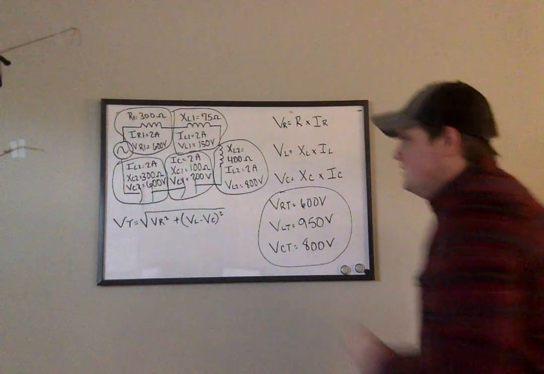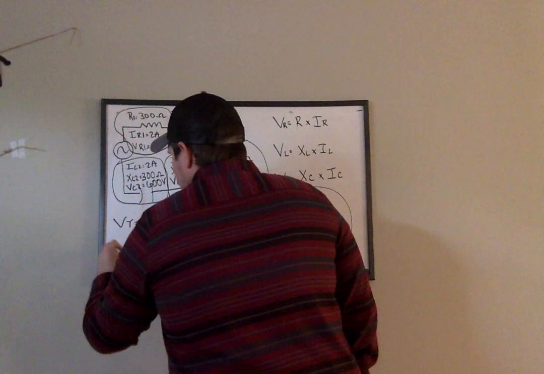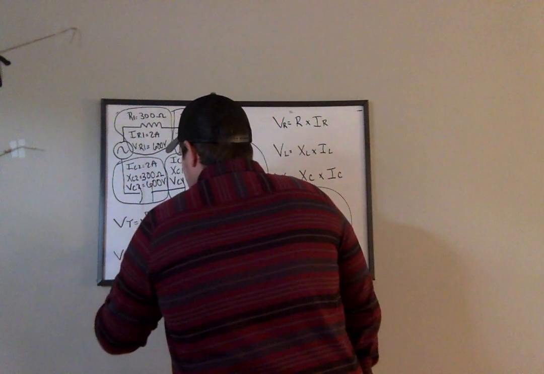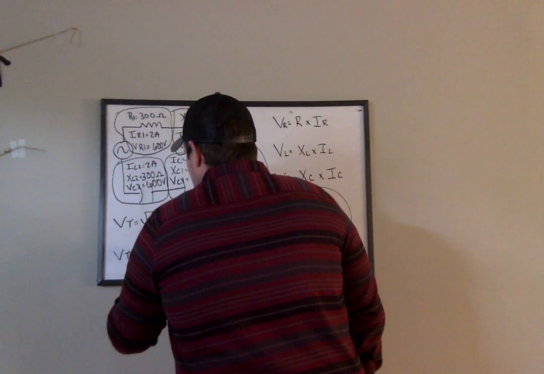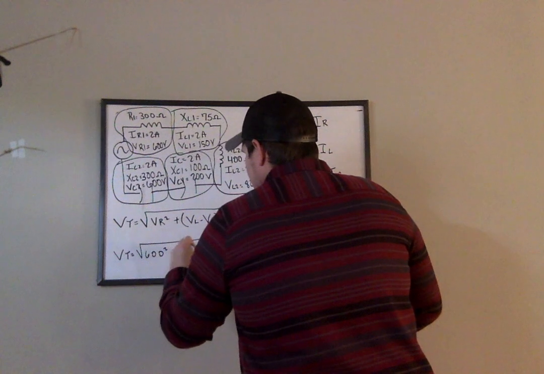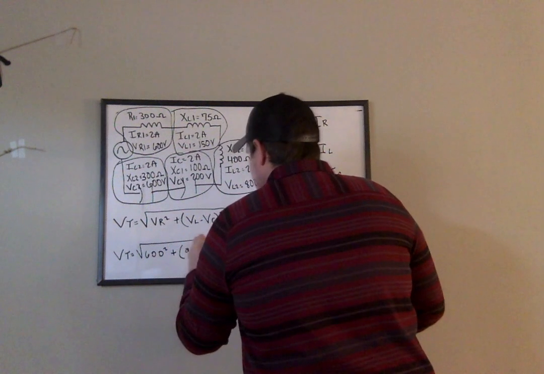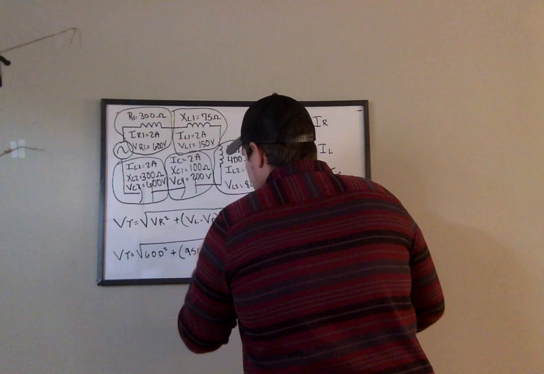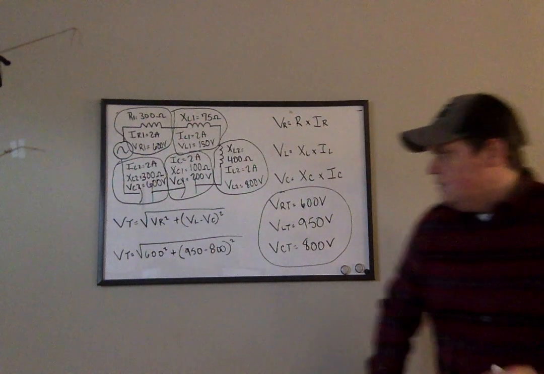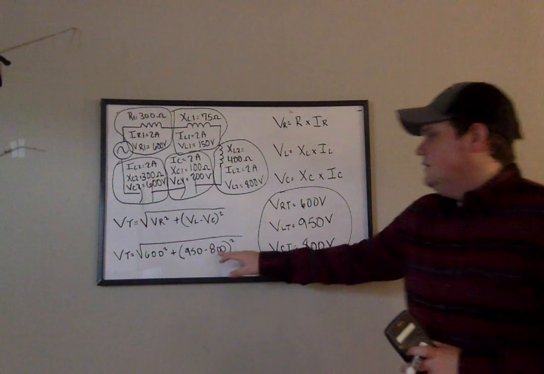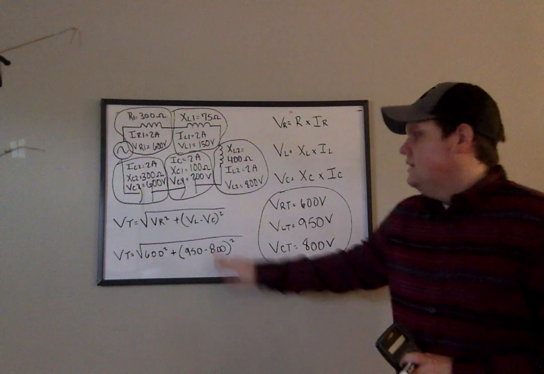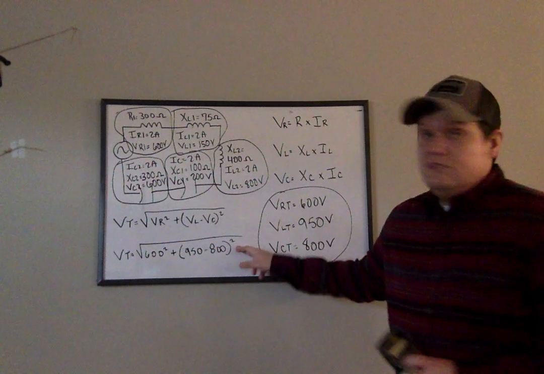V total is equal to the square root of 600 squared plus parentheses 950 minus 800 squared. Just a pointer: remember, there are parentheses here. This is not 800 squared. This is this set of parentheses squared.